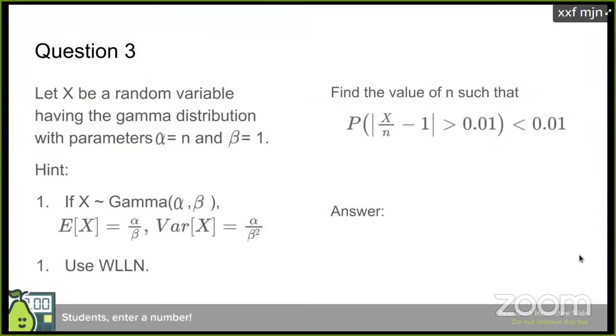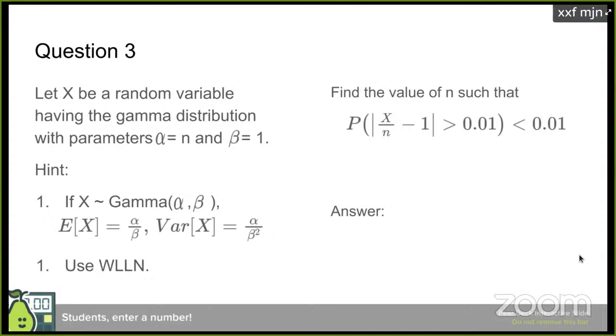Here you have to use the weak law of large numbers. The question is: let X be a random variable having the gamma distribution with parameters alpha equal to n and beta equal to 1. You know that if X is gamma alpha beta, then the expectation is alpha by beta and the variance is alpha by beta square. We have to find the value of n, that is the value of alpha, such that the probability that mod of X by n minus 1 is greater than 0.01 is less than 0.01.